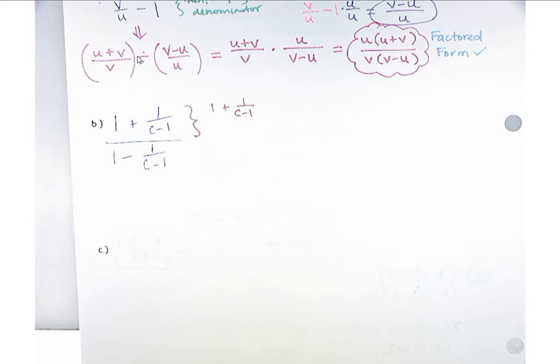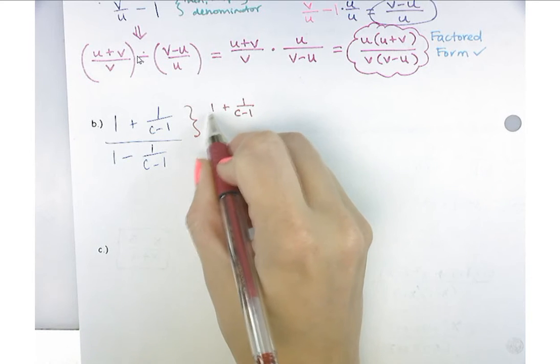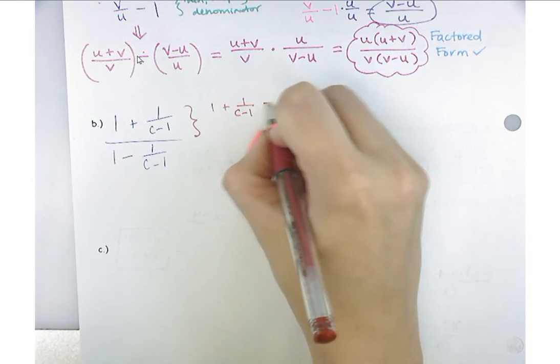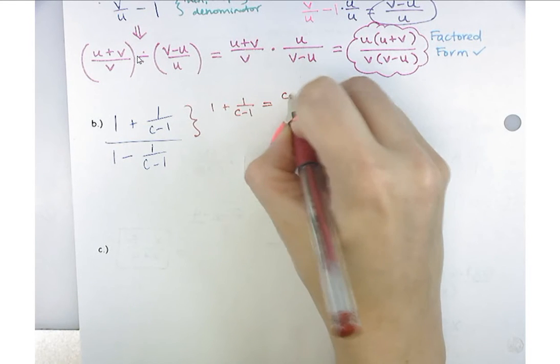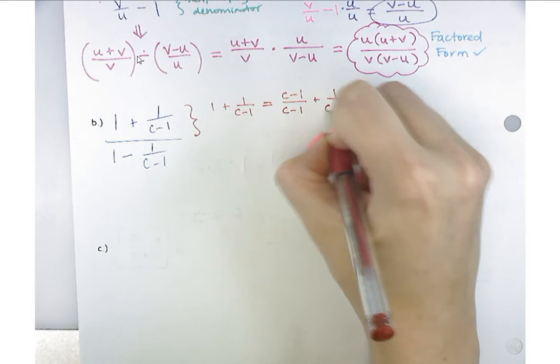Okay, so for this one, Reese, what's your LCD? Yep, good. Now if I'm multiplying this by c minus 1 over c minus 1, because it's 1, I know I'm going to have c minus 1 over c minus 1 plus 1 over c minus 1.